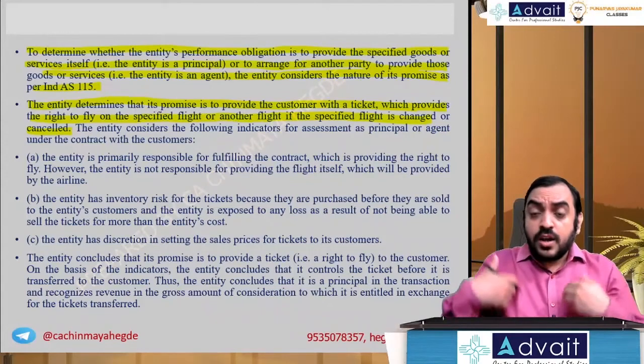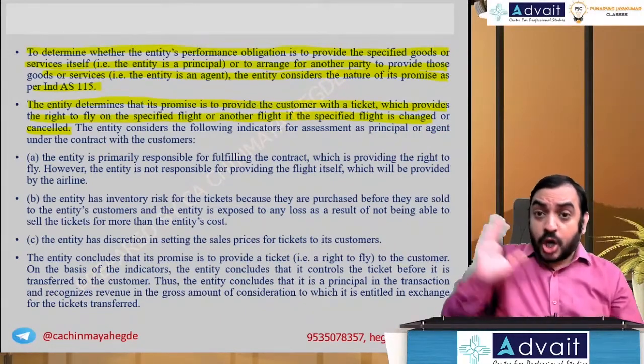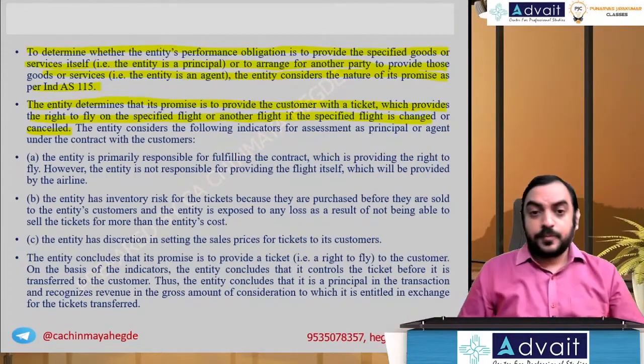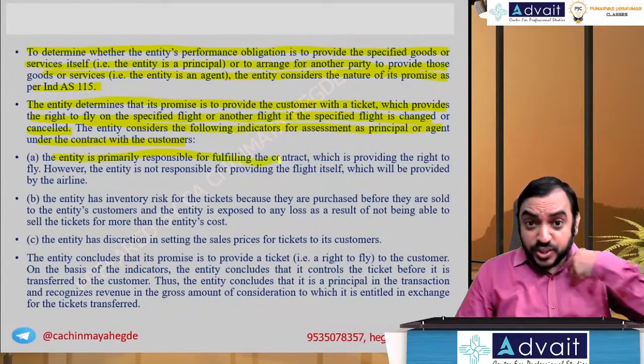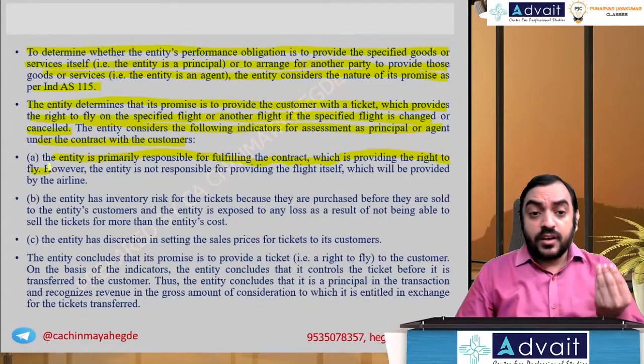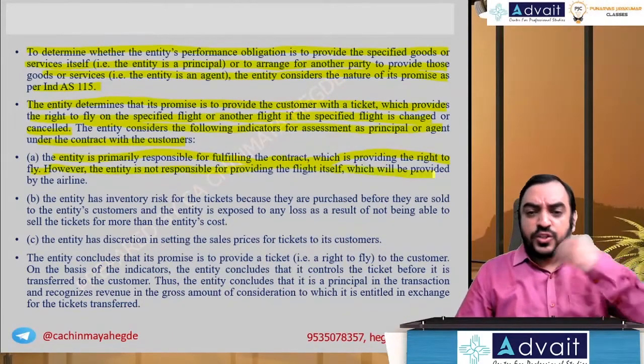So even though I am acting as a middleman on behalf of the airline, I am ensuring you will get the travel. The entity considers the following indicators of assessment of principal or agent under the contract with the customer. The entity is primarily responsible for the contract, which is providing the right to fly. However, the entity is not responsible for providing the flight itself, which will be provided by the airline.